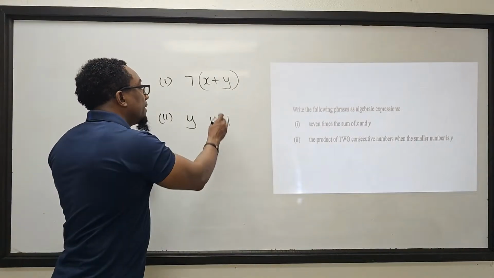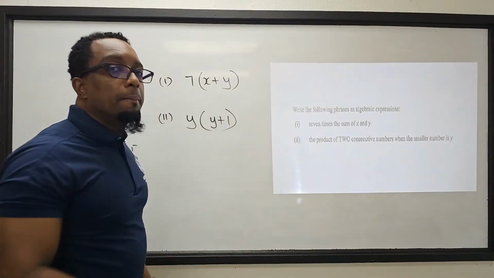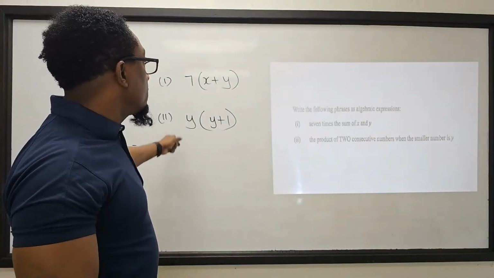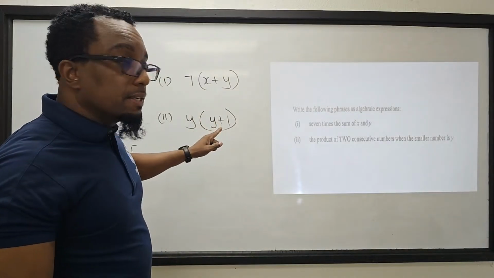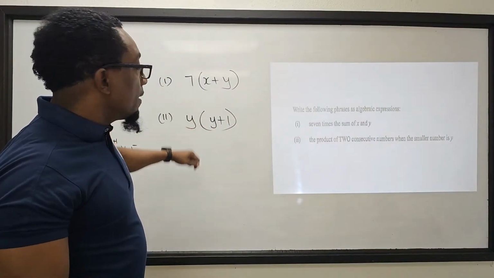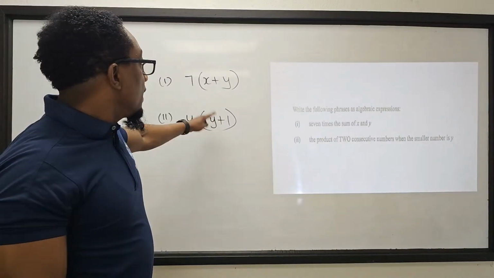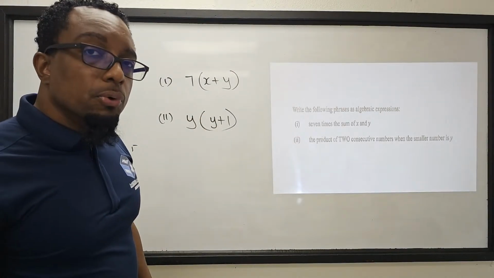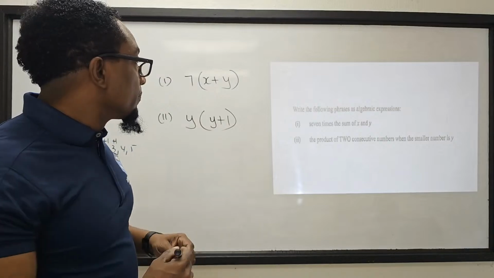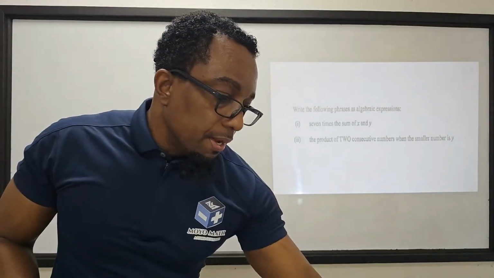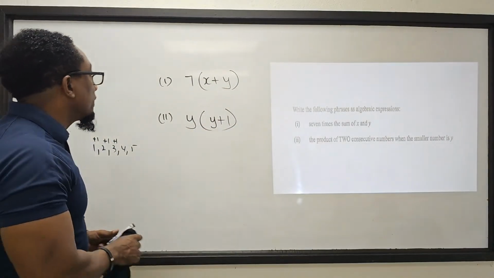So I make sure I place my y plus 1 in brackets. So this shows the product of two consecutive numbers where the smaller number is y. Alright, the number after that will be y plus 1, and the brackets, of course, separating the two will show we are finding the product. Alright, so making sure that we understand our algebraic expressions.